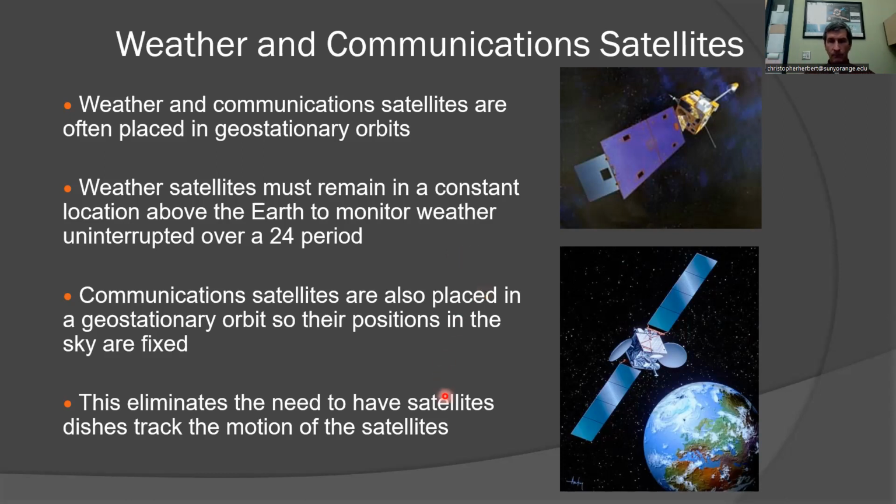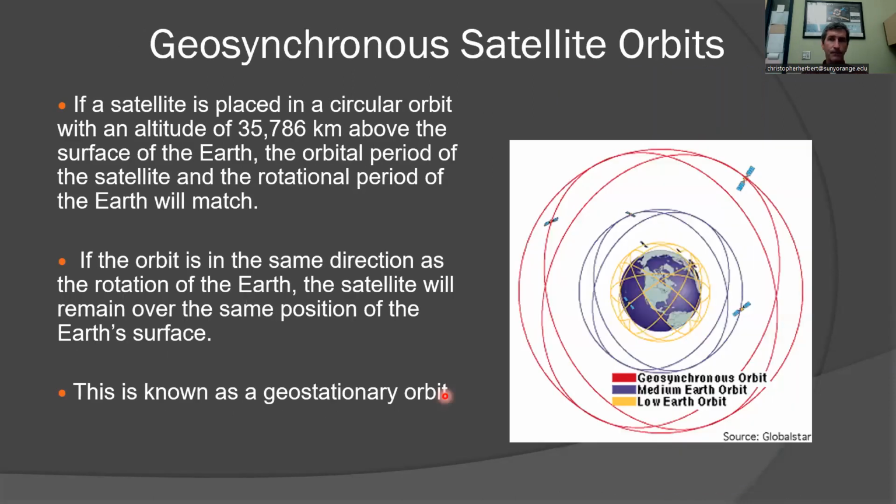And again, communication satellites want to be moving with the Earth because on the ground, if you have a satellite that moves with the surface of the Earth, you can always point to the same part of the sky. And this is the basic principle behind things like DirecTV or other satellite television, where a stationary dish can be used and you don't have to worry about a dish having to track individual satellites.